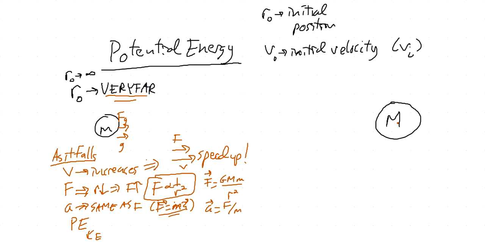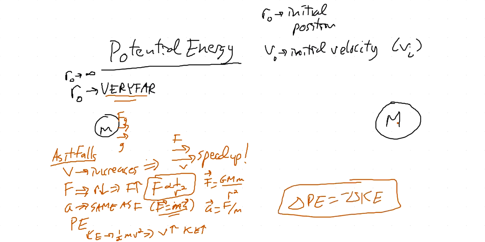Great. All right, now, ready? What happens to potential and kinetic energy? Kinetic energy first. That's obvious. V increases, so kinetic energy increases. 1/2 mv squared. So V goes up, so KE goes up. Great. But if KE goes up, I know that delta PE equals negative delta KE. That's true everywhere.